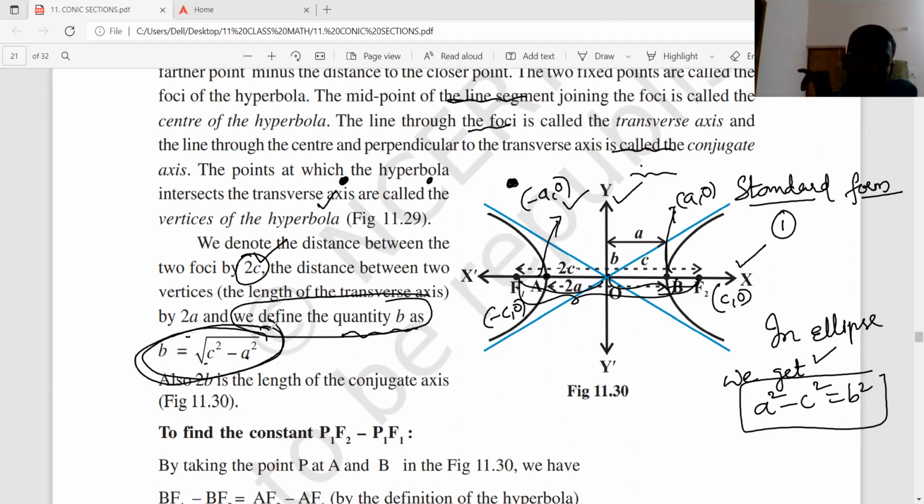Remember this point: c squared equals a squared plus b squared.